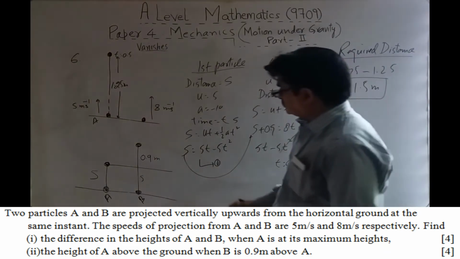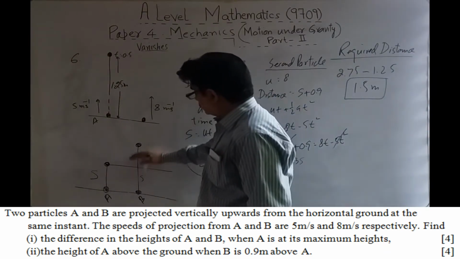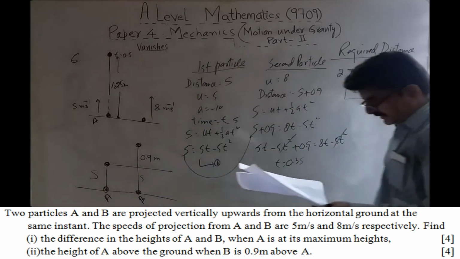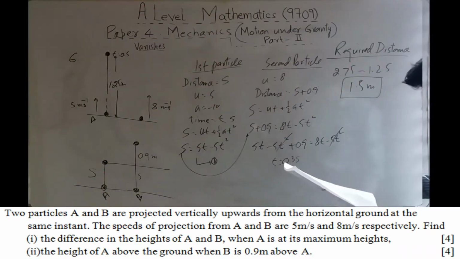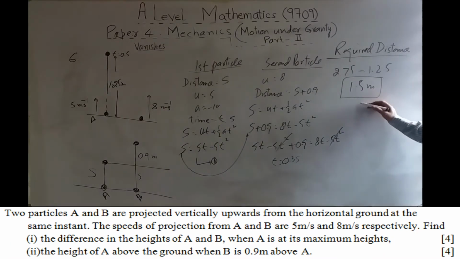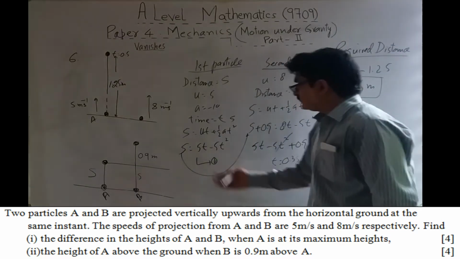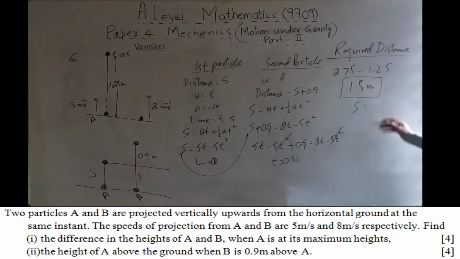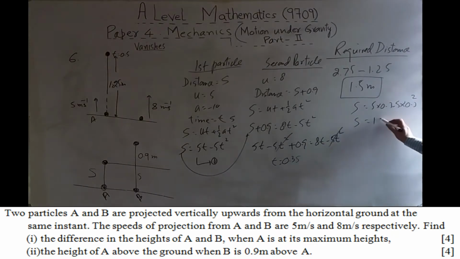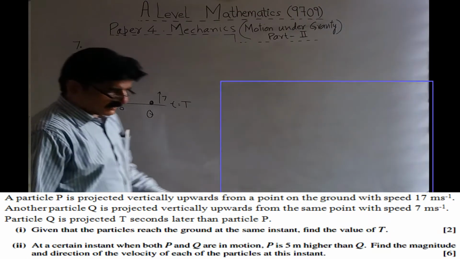This is the time at which the second particle will be 0.9 meter higher than the first particle. Now height of A is very simple, you have to find s, put the same value in this equation. Height of A is s, so put the values, you will get 5 into 0.3 minus 5 into 0.3 square. You simplify it, you will get the answer 1.05 meter. Thank you. Question number 7.